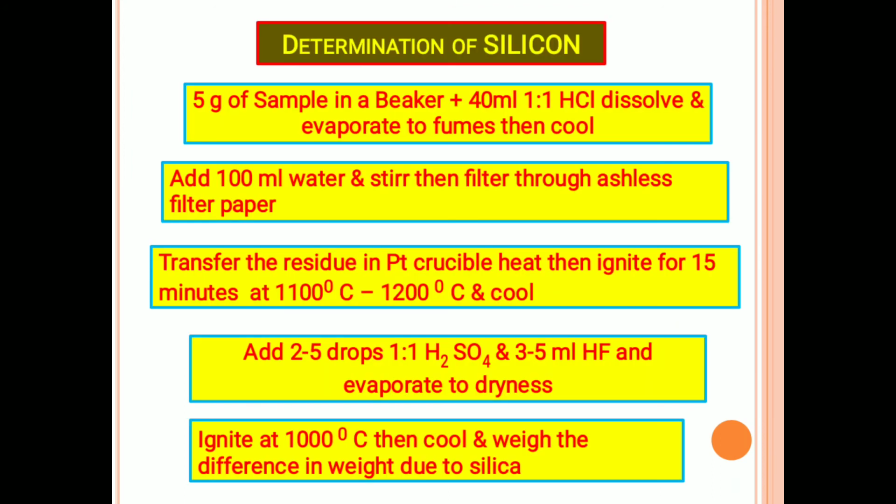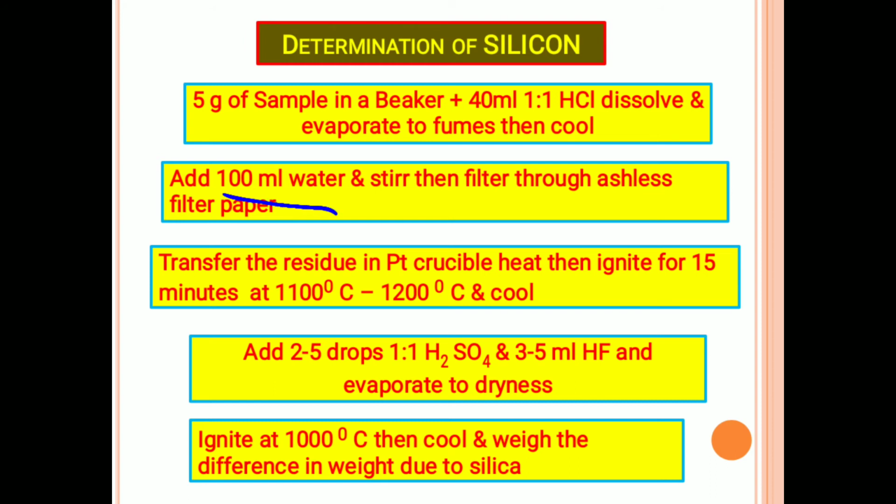And next, that is determination of silicon. If you want to determine the silicon which is present in a steel sample, first of all you need to take 5 gram of the steel sample in a beaker. Then add 40 ml of 1 is to 1 HCl and dissolve the sample, evaporate the fumes and then cool it.